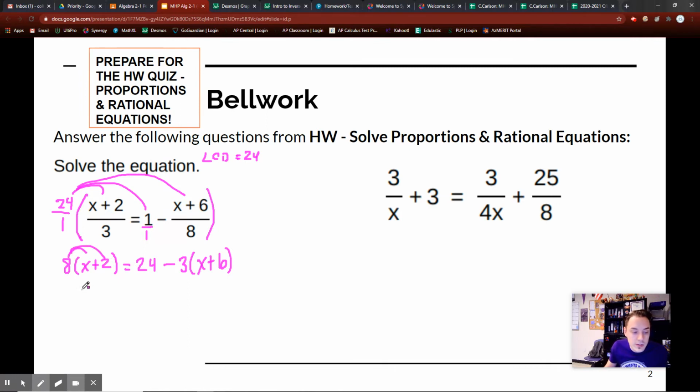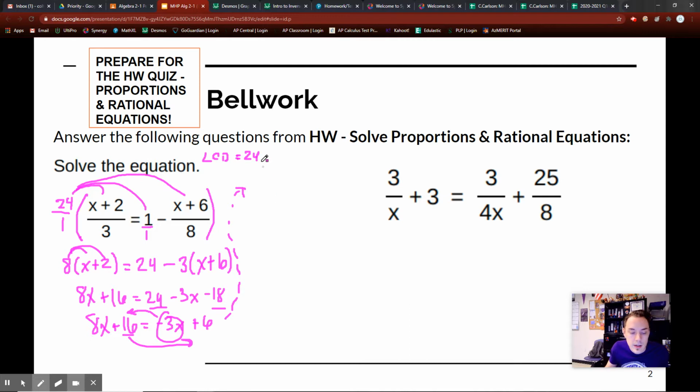Let's distribute. So this is 8x plus 16 equals 24 minus 3x minus 18. We can combine some stuff here. I'm going to just drop this down. This is going to be negative 3x, and this is going to be plus 6. So let's add the 3x over here, subtract the 16, and then bring it up here.